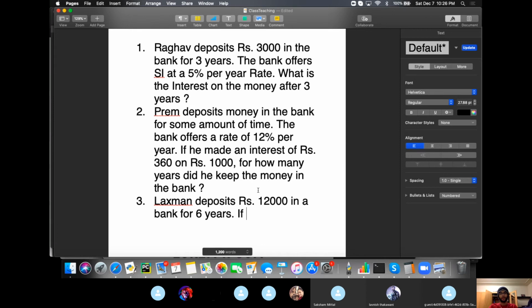If his total amount, pay careful attention, if his total amount after 6 years is 12,360 rupees, what is the rate of interest?